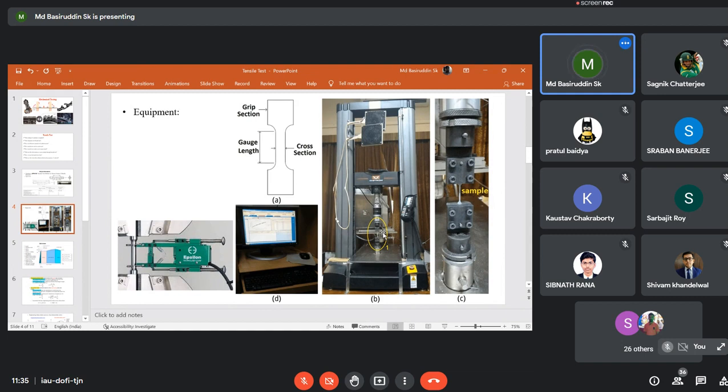After fixing the specimen, when you start the test, the displacement will happen at a fixed rate of displacement, let's say 0.5 mm per minute or 1 mm per minute. You can maintain this cross-head velocity, or you can calculate the strain rate. Generally we use the term strain rate, which is the strain divided by time.